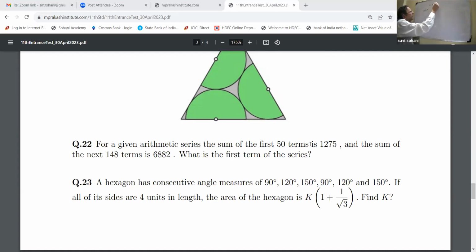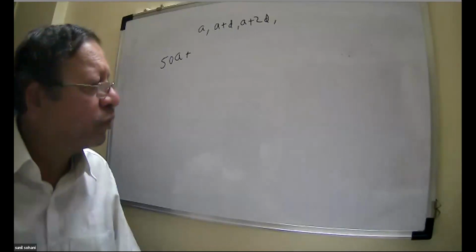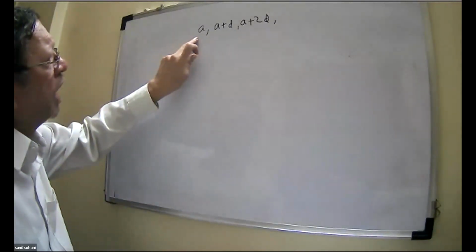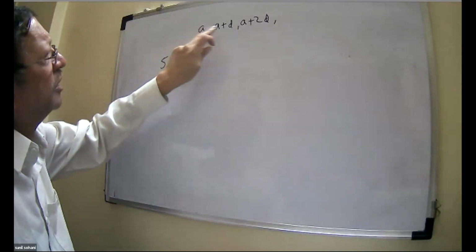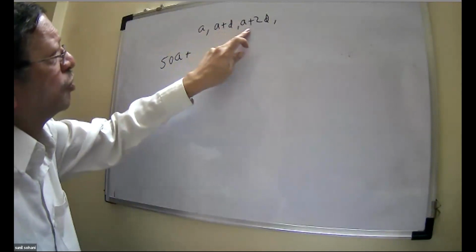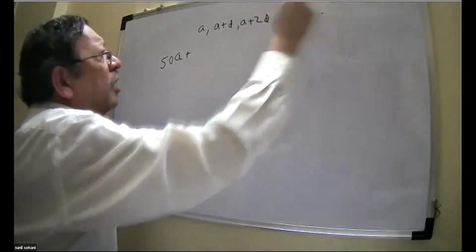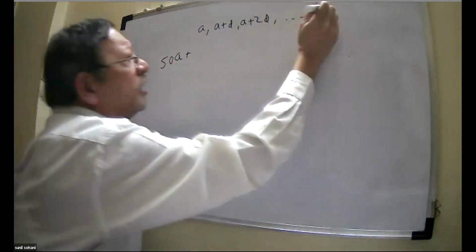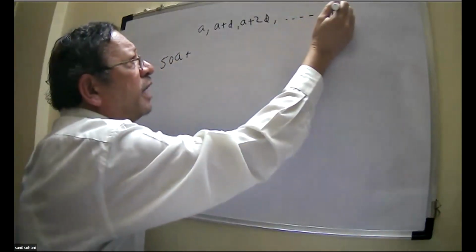The arithmetic progression goes like this: A is the first term, then the common difference is D. So the terms will be A plus D, A plus 2D, and the last term is going to be the 50th term, so the 50th term will be A plus 49D.